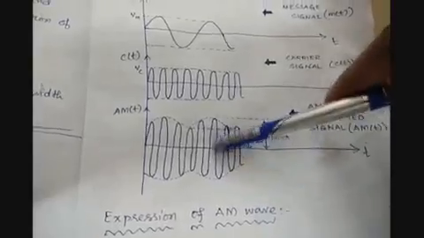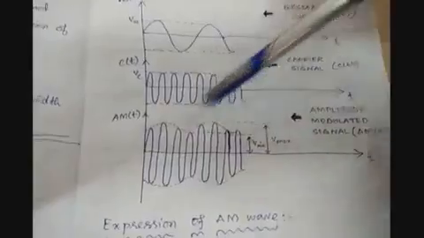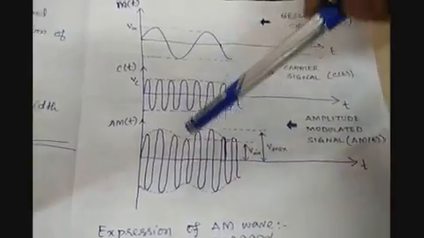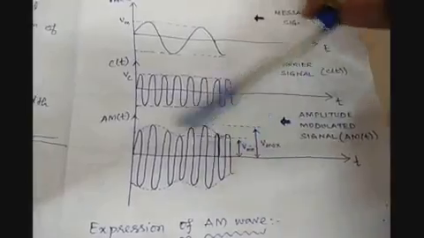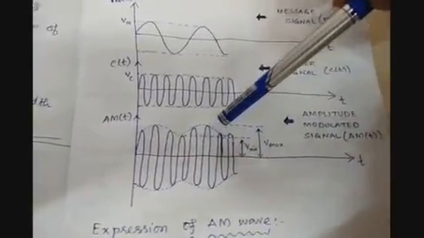Here the amplitude is varying but the frequency is the same. Just observe, whatever frequency is in the carrier, that same frequency is here also, and the phase angle is also the same. Only the amplitude is varying.